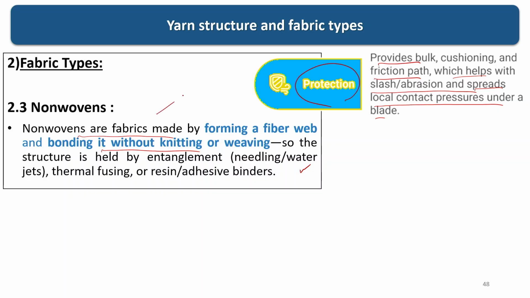Because of the bulk, when pressure is there, it gives some cushion, and due to its thickness it takes longer time to pass through. So, the friction path is longer here, which helps the slashing or cutting force to spread. The contact pressure is spread along a wide area.